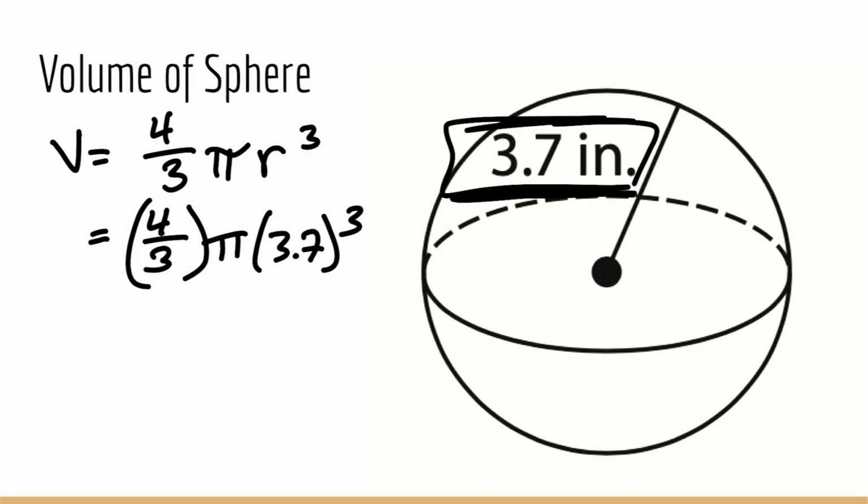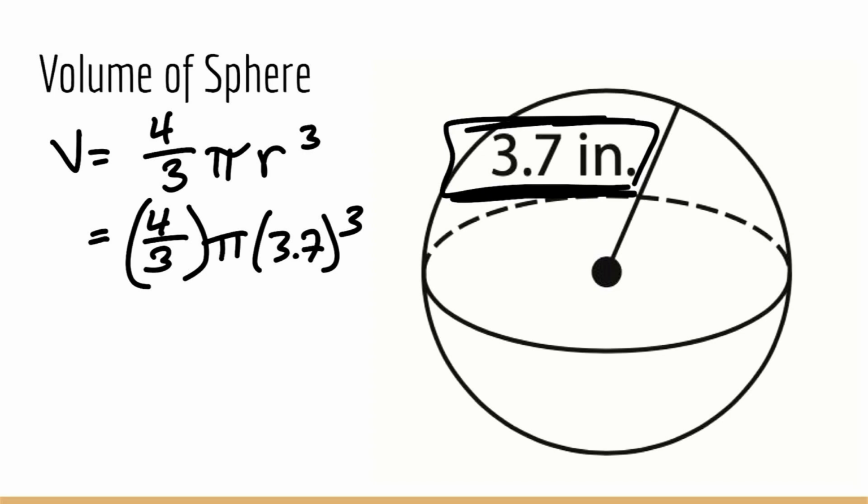I don't have a calculator ready. So, one second. All right, so we're gonna do 4 over 3 times pi times 3.7 to the power of 3. I don't think that's right.